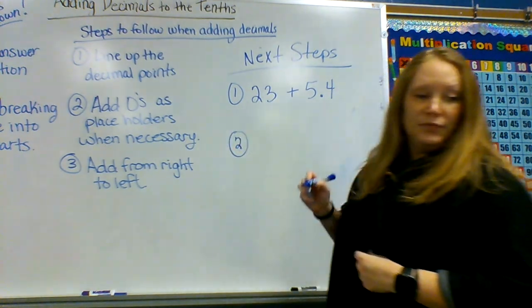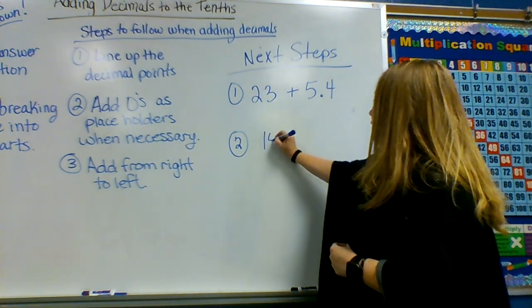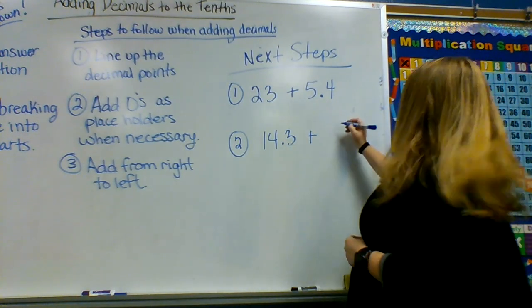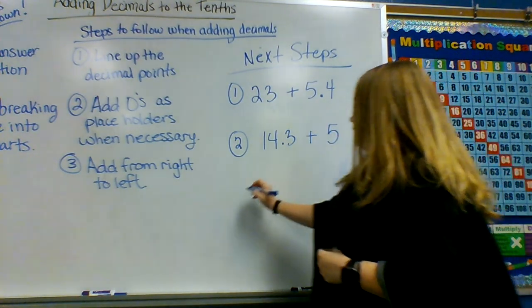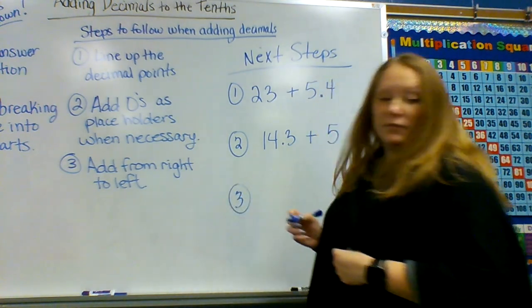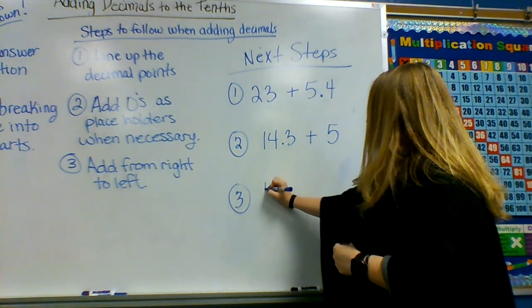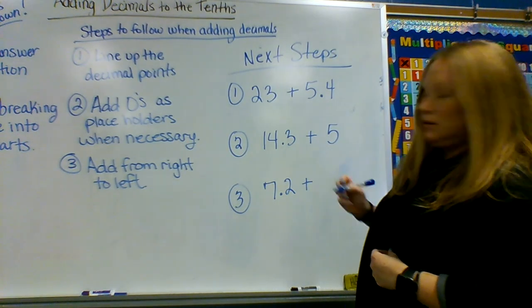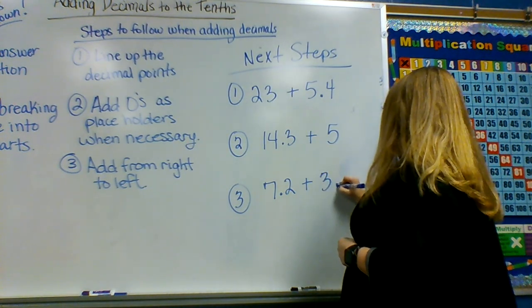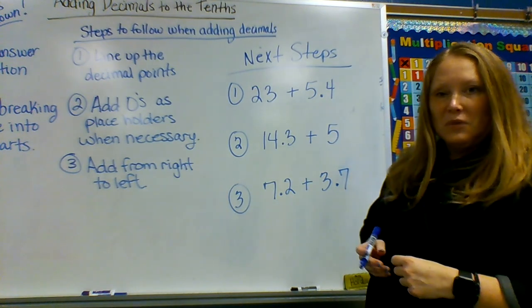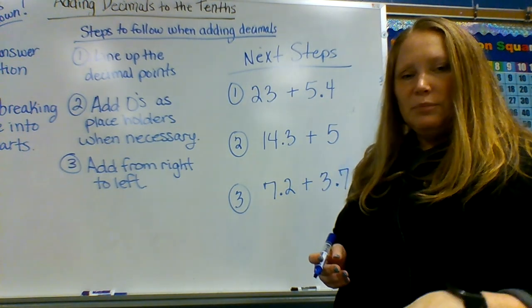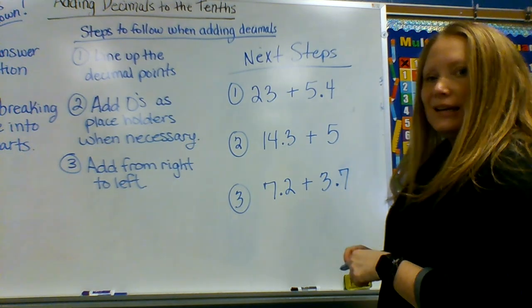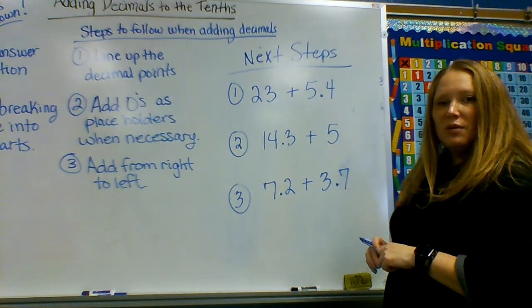Number 2, 14 3/10 plus 5. Number 3, 7 2/10 plus 3 7/10. Make sure you line up your decimals and solve for each of these problems.